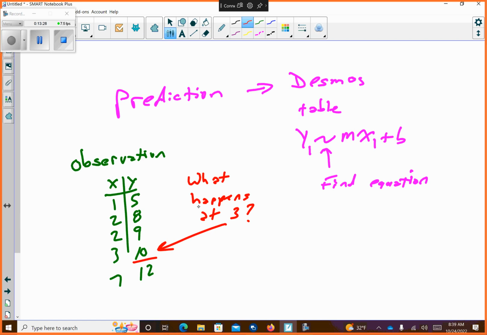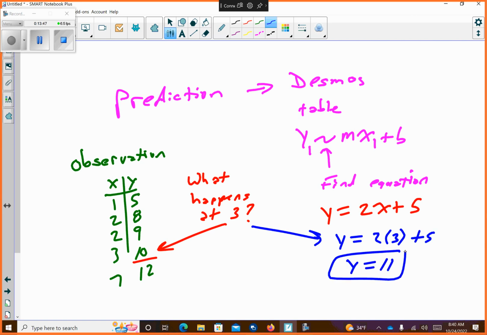If I wanted to know what happens at 3 and I had the line of best fit that was already there, so what would happen if I wanted to do at 3 here as a situation? So I'm going to go 2 times 3 plus 5. So that's 6 plus 5, that's 11. So I get a value of 10 over here. With my data, I get a predicted value of 11 over here. Which one's right? They're both right. It's just, how are you looking at your data? Should it be the prediction, or should it be just an observation?